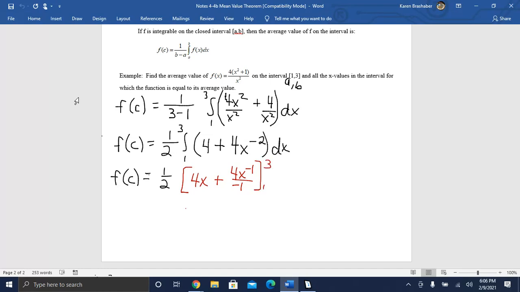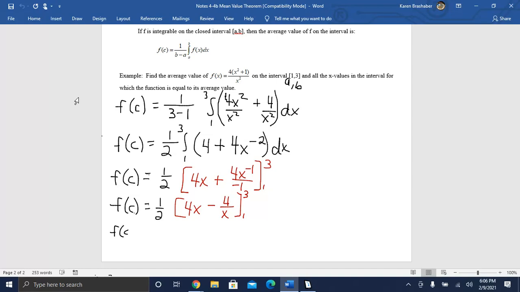And I can simplify a little bit. So f of c is going to equal 1/2, and just doing a little bit of simplifying, I'll have 4x minus 4 over x, since that x to the negative 1 will move to the denominator, evaluated from 1 to 3. So now I'm ready to apply the fundamental theorem of calculus.